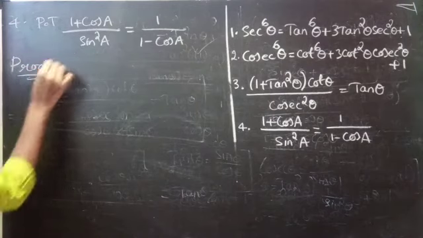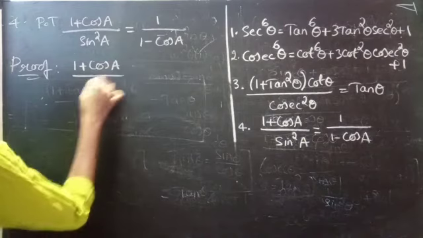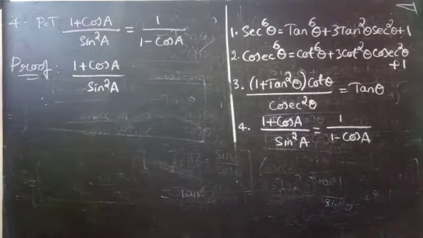So consider the LHS part: 1 plus cos A by sin square A. Now what we are going to do? We are going to rationalize the numerator.